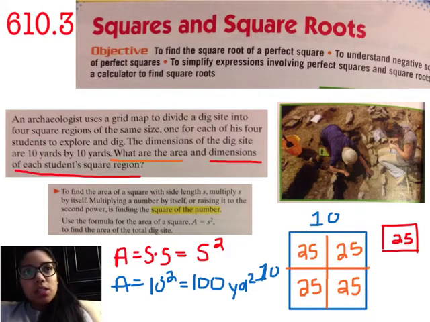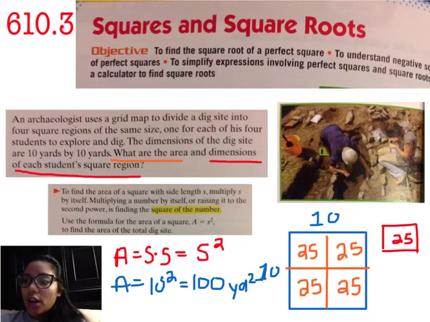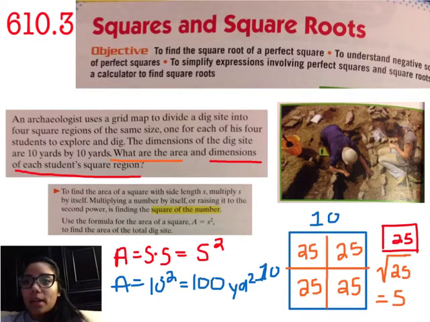So something times itself gives me 25. Well, we should know that's also like finding the square root of 25, which is 5. So that means that the dimensions of each student's square region are 5 yards by 5 yards.